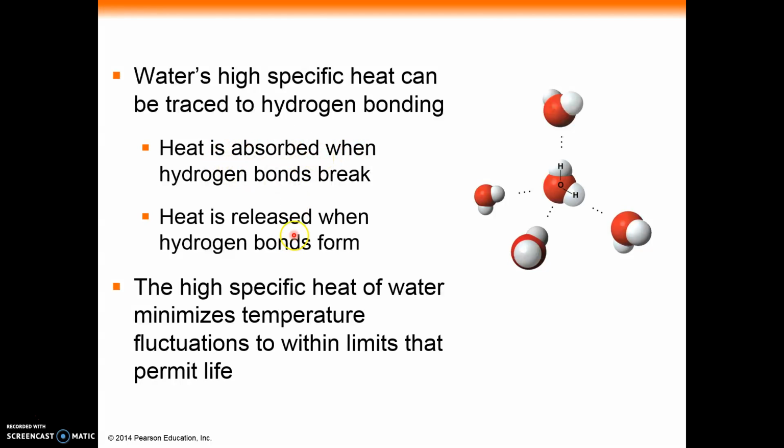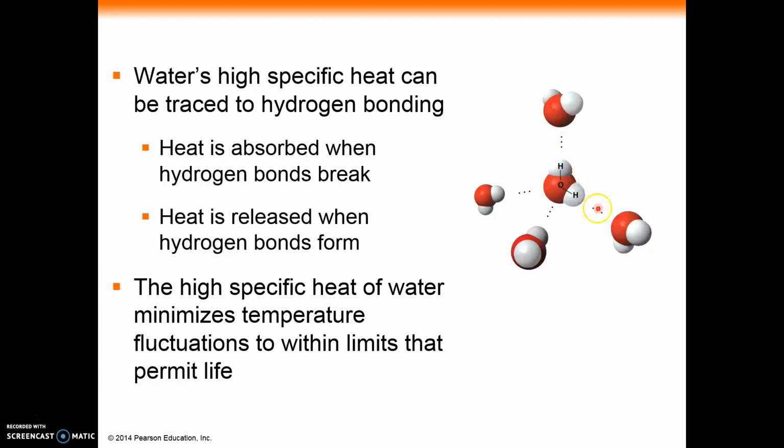When we form those hydrogen bonds, heat is released. So the formation and release of these hydrogen bonds only occurs through transfer of heat between these different molecules. It's a transfer of energy.